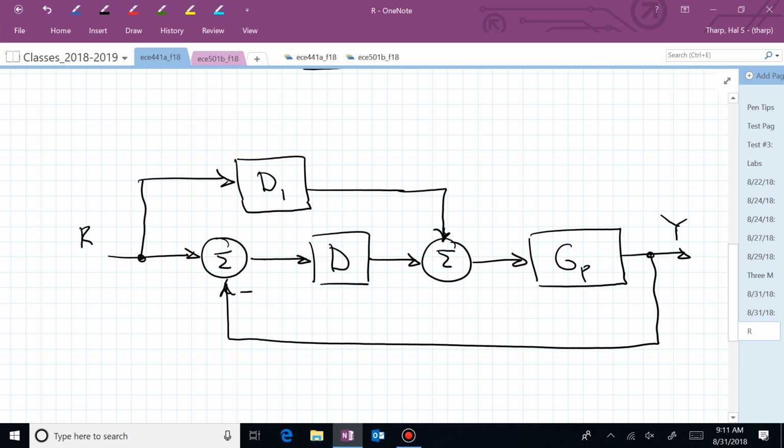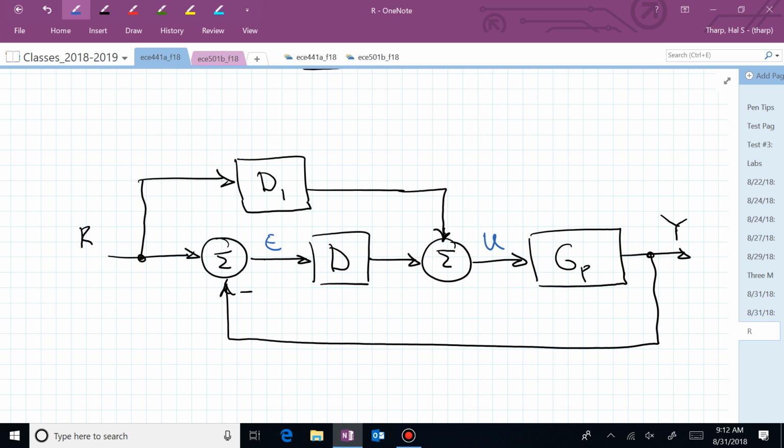And you also have a controller D that's working on the error signal. If you label this as E for your error, and maybe U as the input, even if you have all of these different labelings, the end result, your transfer function, better not contain any signal transforms. It better just contain D, D1, and G sub P. You shouldn't have any U or E floating around in your transfer function.